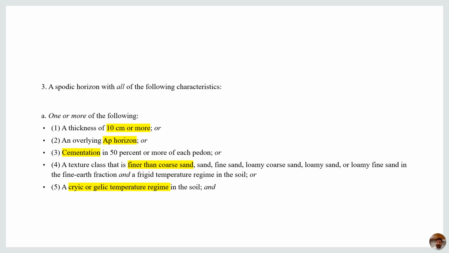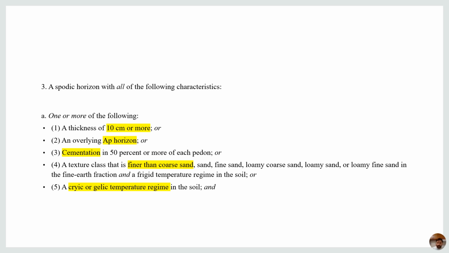So we have a high variation of temperature between the winter and summer in this specific soil temperature regime, okay? Or we can have any texture, not necessarily a sandy or a loamy texture, and find a spodic horizon with a cryic or a gelic soil temperature regime.